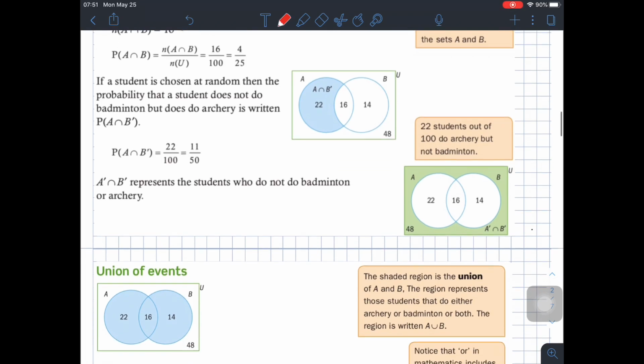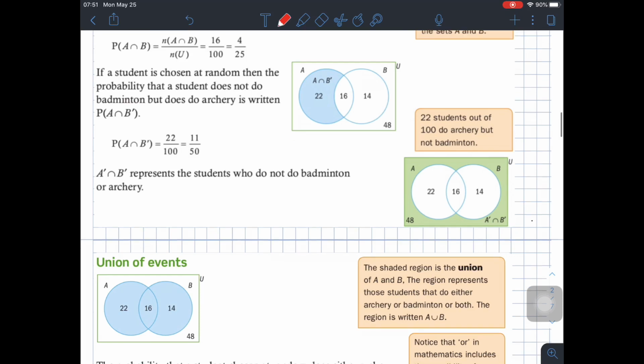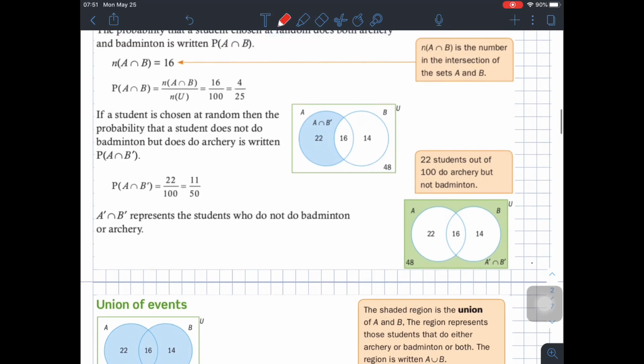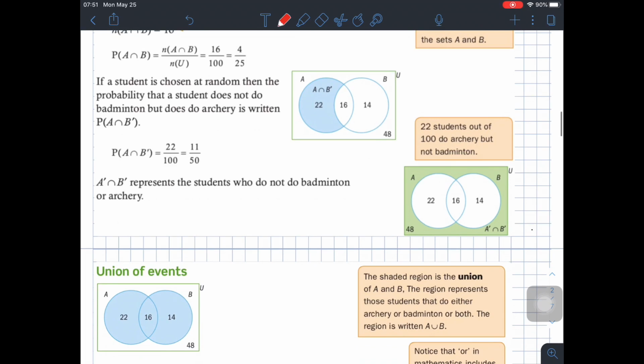Okay. Finally, it says not A and not B represents the students who do not do badminton or archery. That is, all the people that are outside of the circles, right? So not archery and not badminton. Another way to interpret this is to think about what these elements have in common. Not A would be everything that is outside A, right?